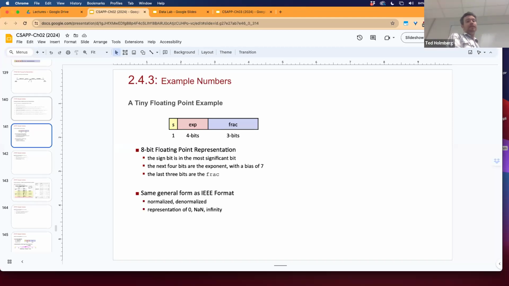Now, in our tiny floating point example, we're going to create a 1-byte float. In order to maximize what we can do here, we're going to prioritize a 4-bit encoding on the exponent value, and then a 3-bit sequence on my fractional value. Remember, this is the base that gets multiplied by 2 to the power of whatever value is represented by my exponent bits.